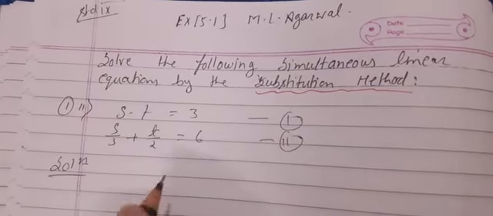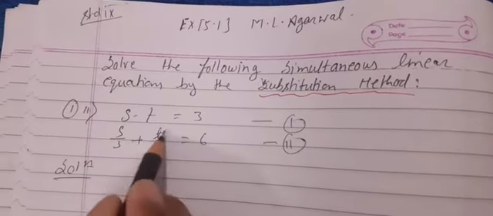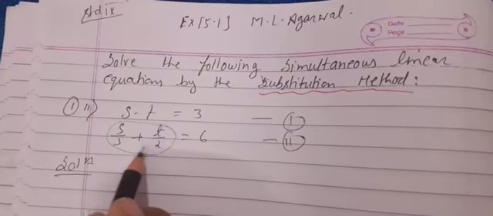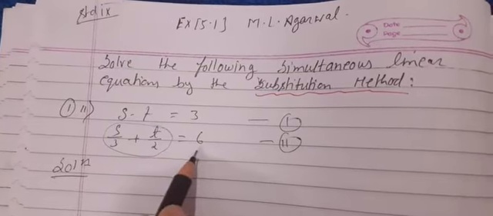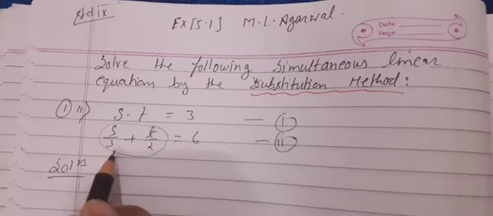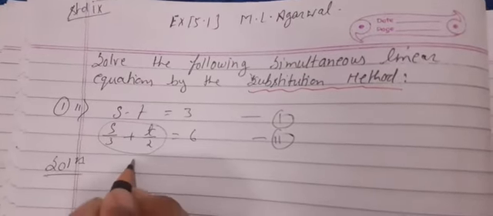Okay, then what I will do, first of all I want to change these fractional numbers into whole numbers. We can continue with this only, but if we change these fractional numbers into whole numbers, then it will be easy to solve the sum. So see what I am doing.